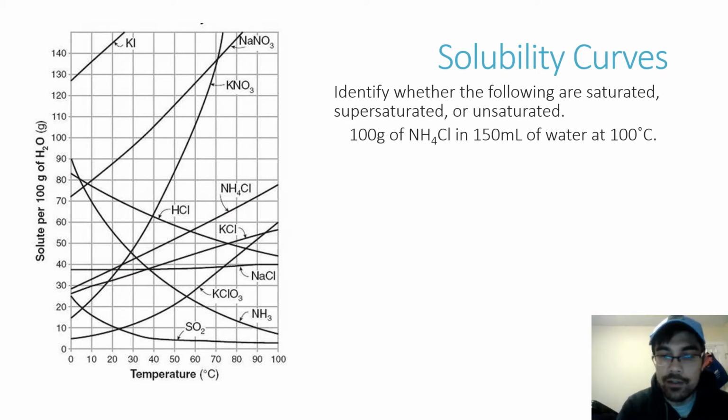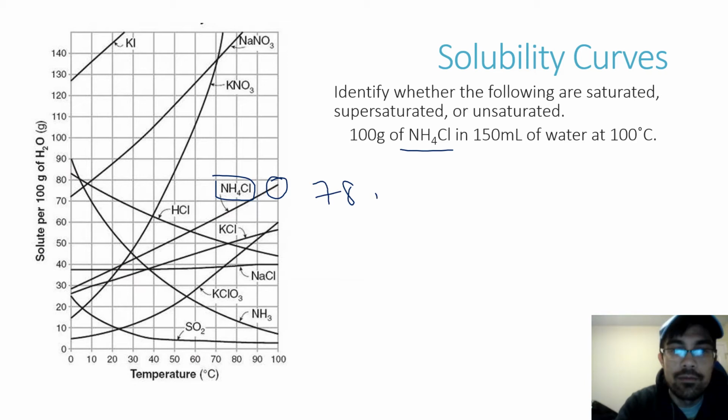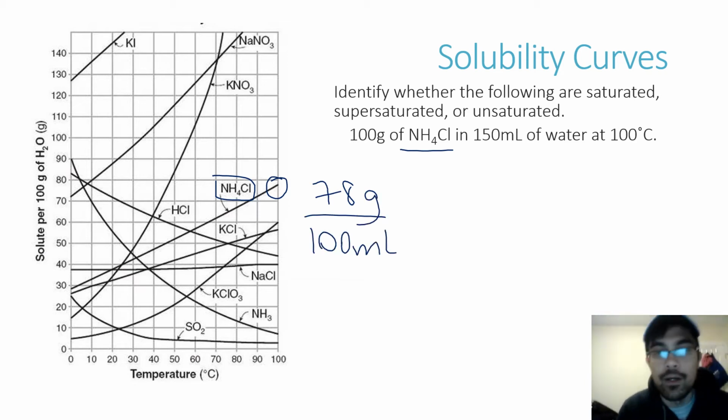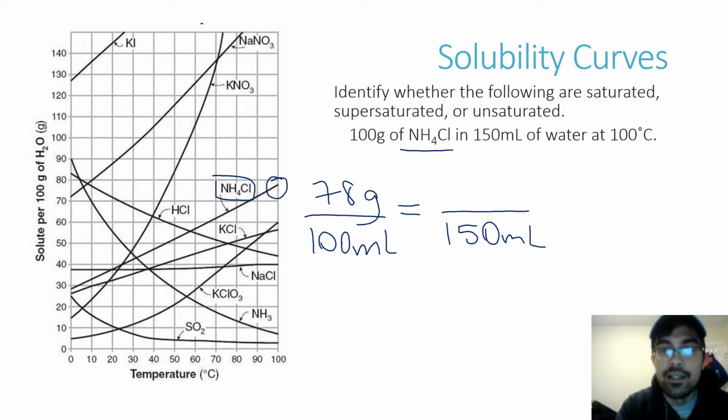If we look here, for NH4Cl, which is right here, at boiling we would be able to dissolve about 78 grams per 100 milliliters. In this case we have 150 milliliters. So how much solute would there be in a saturated solution of 150 milliliters?